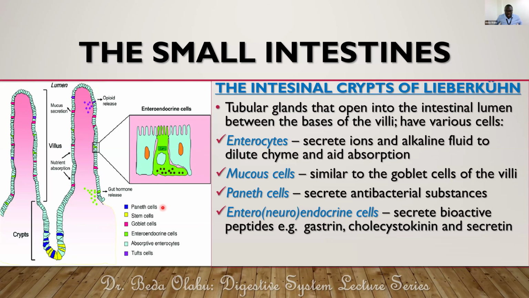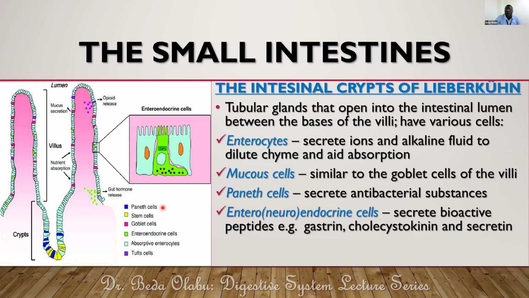We have the enteroendocrine cells, which we can also call neuroendocrine cells. The neuroendocrine cells of the GIT produce chemical substances which function as hormones.